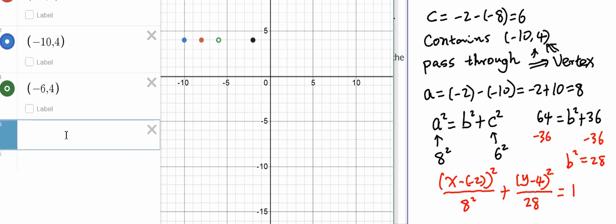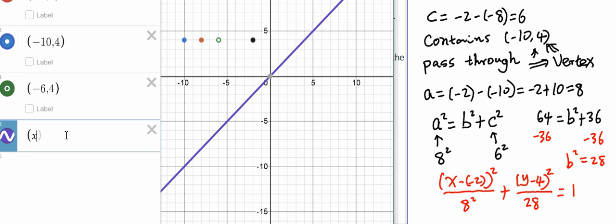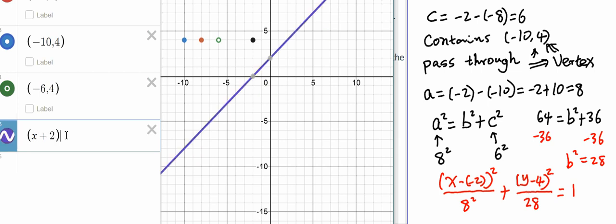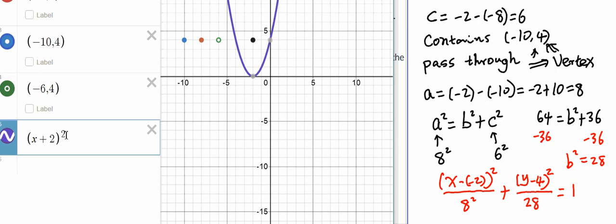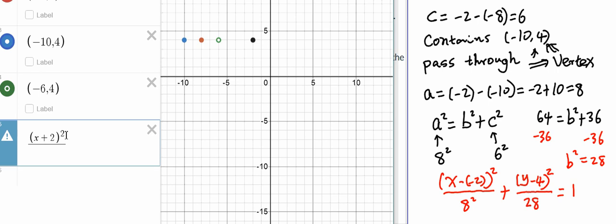That would be x plus 2 squared divided by 64, which is 8 squared, and then plus y minus 4 squared divided by 28, which is 1.